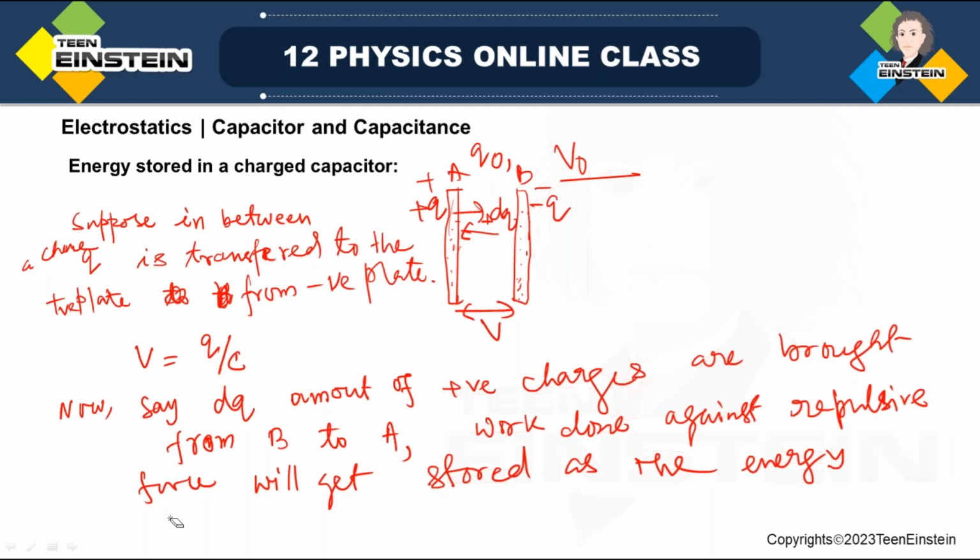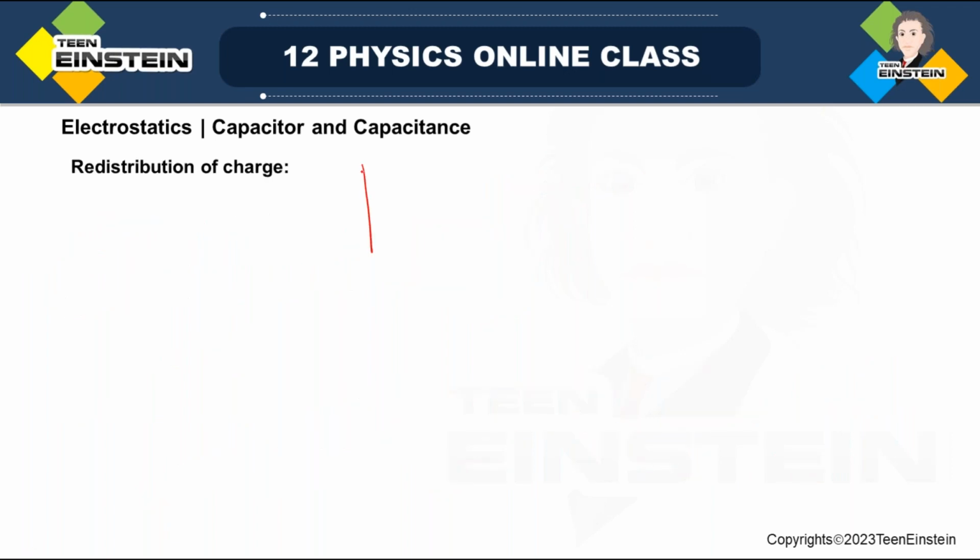So what is the work done to bring dq charge? There is already plus q here and minus q here, and the potential difference is V. Now one dq charge is taken here and added.